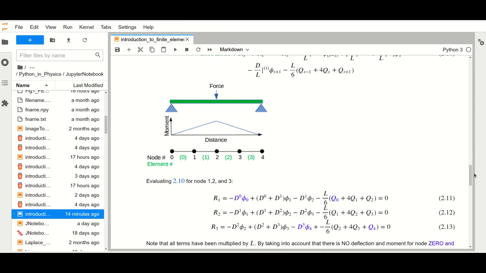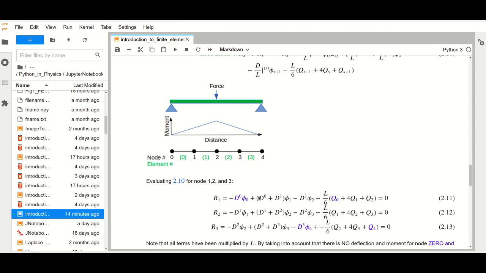Now if we evaluate equation 2.10 for node number 1, 2 and 3 here, we obtain equations 2.11, 2.12 and 2.13. As you can see, for example, the term coming from node 0 here is in blue, and node 4 here is also in blue.